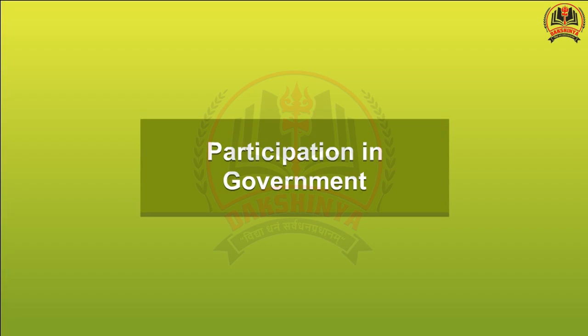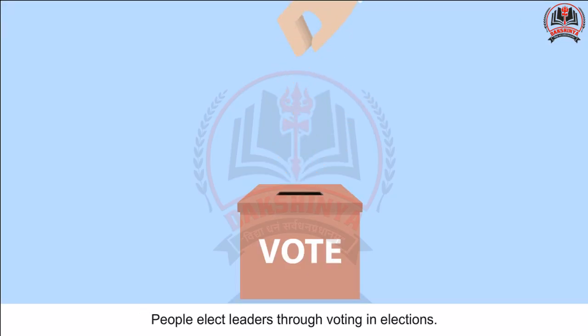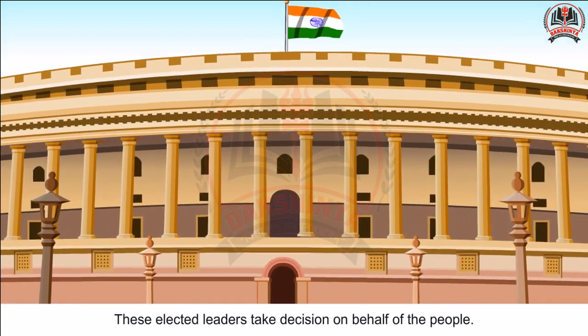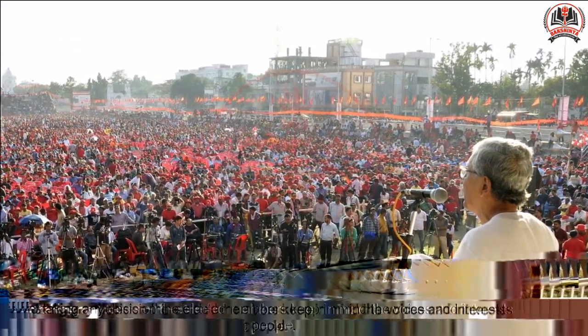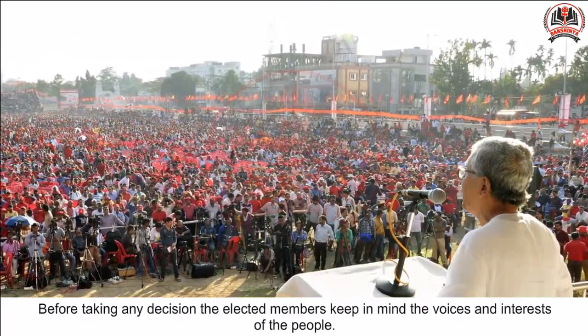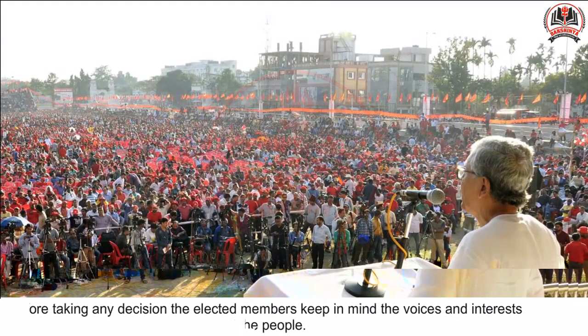Participation in government. People elect leaders through voting in elections. These elected leaders take decisions on behalf of the people. Before taking any decision, the elected members keep in mind the voices and interests of the people.